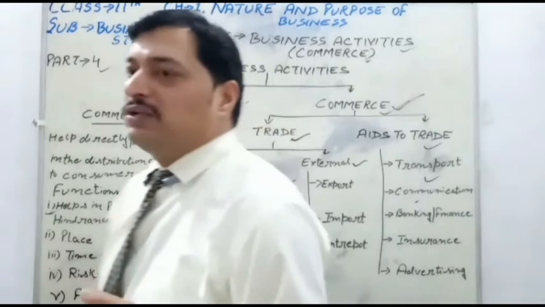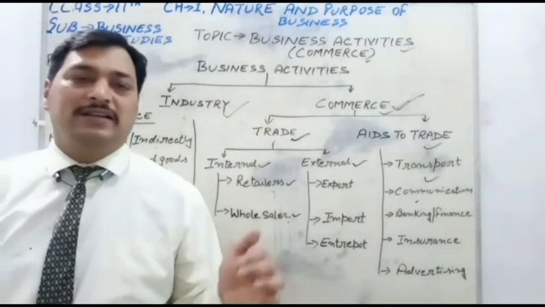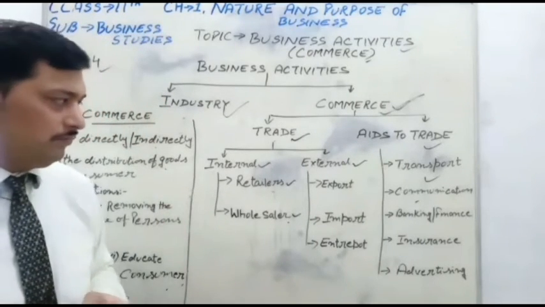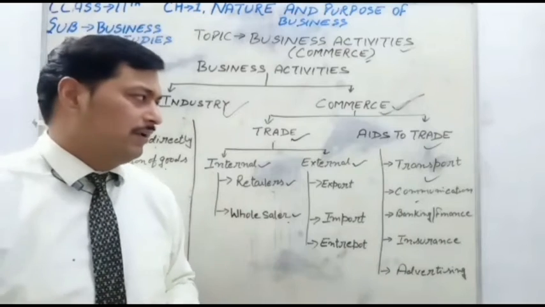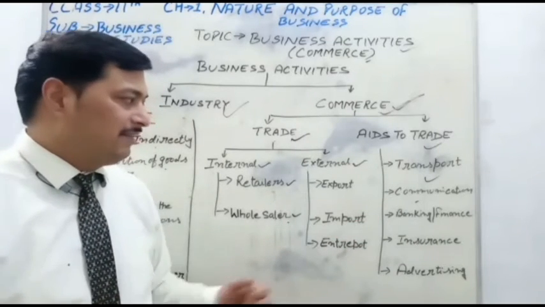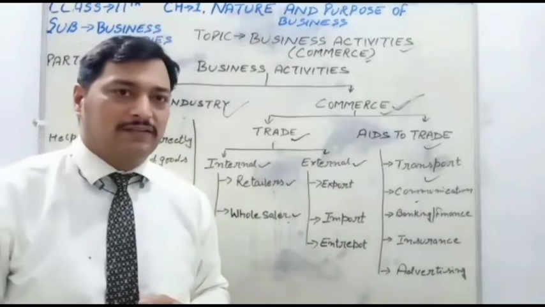Next is communication. We communicate to the consumer by internet, telephone, WhatsApp, and different media. It is done by the auxiliaries to trade. Next is banking and finance.